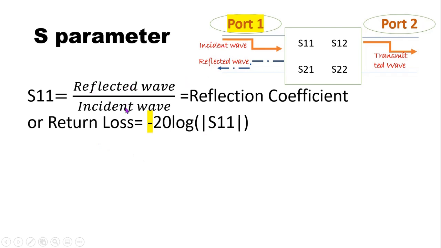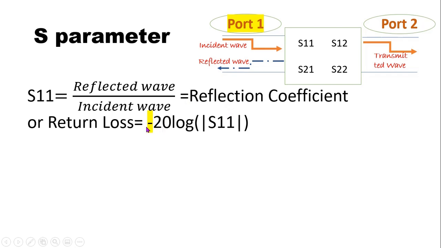So to get the power we need to square it, S11 squared, but this square comes to the front and it becomes 20 log. Generally to convert anything to dB we use 10 log, but here we are using 20 log because S11 is in voltage or current form, so we need a square term, and that square term comes in front and we get 20 log.